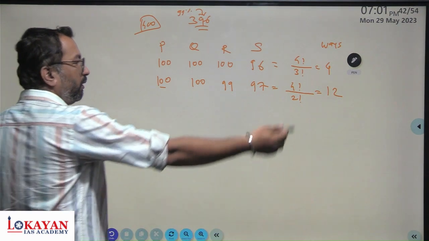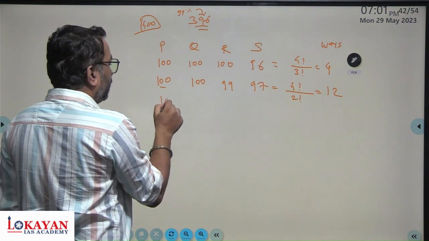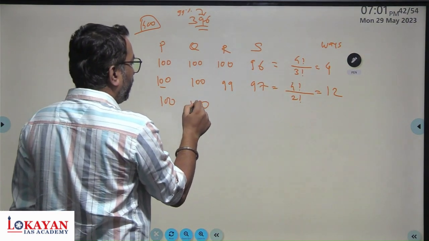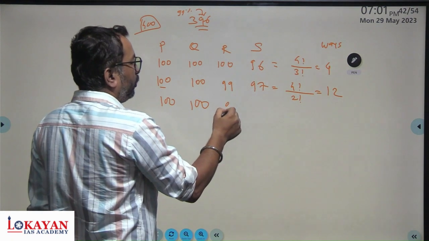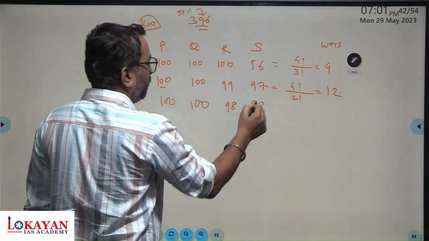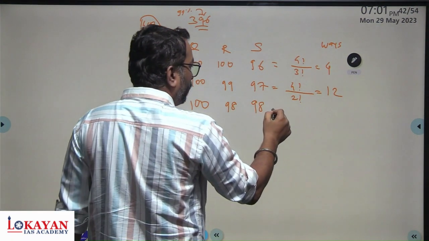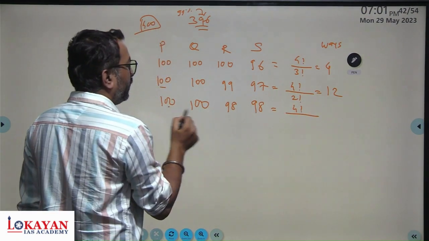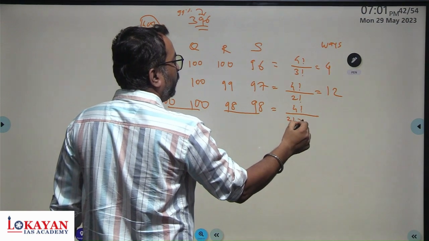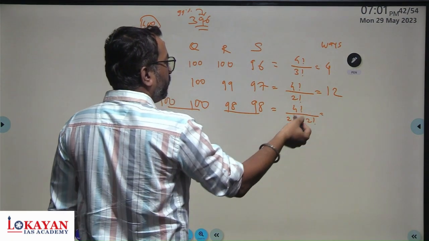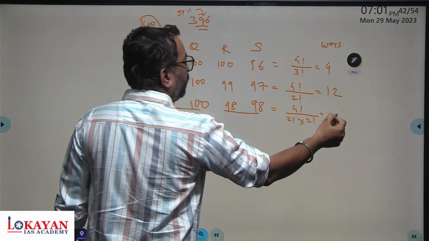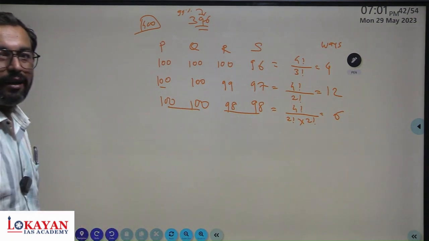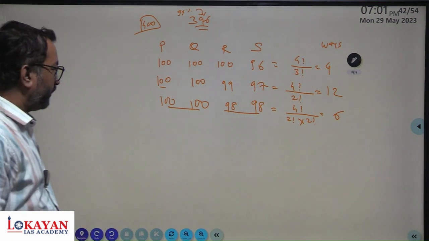These are the number of ways. Again, 2 papers get 100 and 2 papers get 98. So this can be done in how many ways? 4 factorial divided by 2 factorial times 2 factorial. So 24 divided by 4, so it can be done in 6 ways.